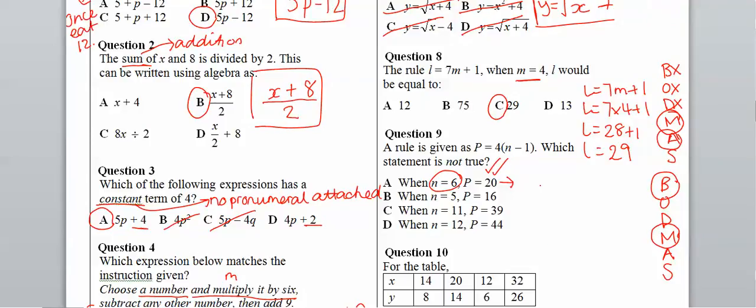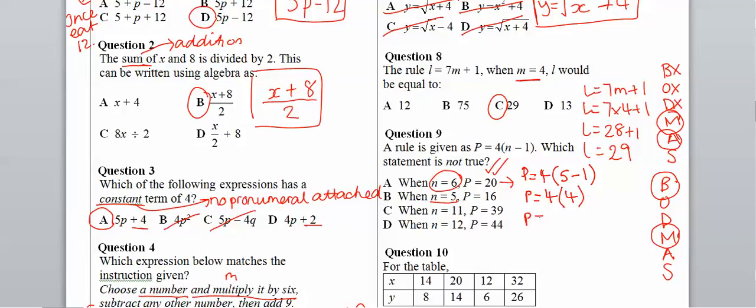Okay, so B, we need to substitute n equals 5 into the equation. So we've got P equals 4, 5 minus 1. So P equals 4. We first do our brackets, so 5 minus 1, which equals 4.